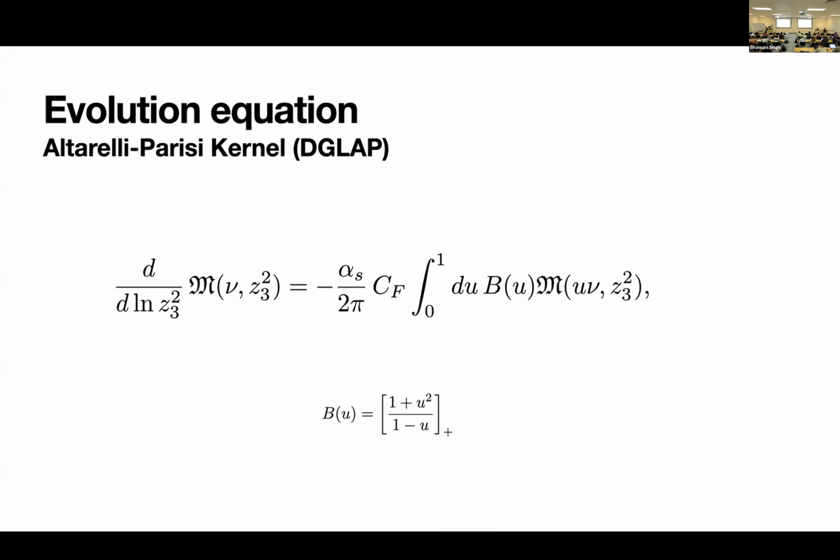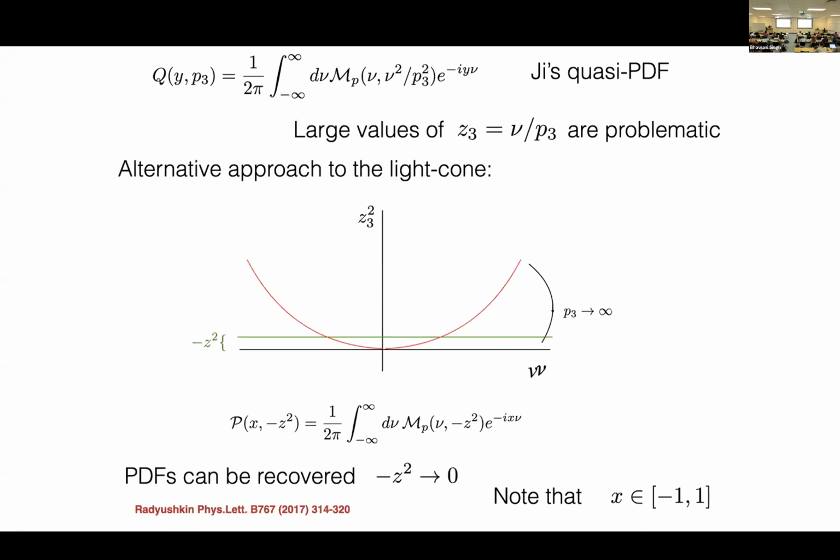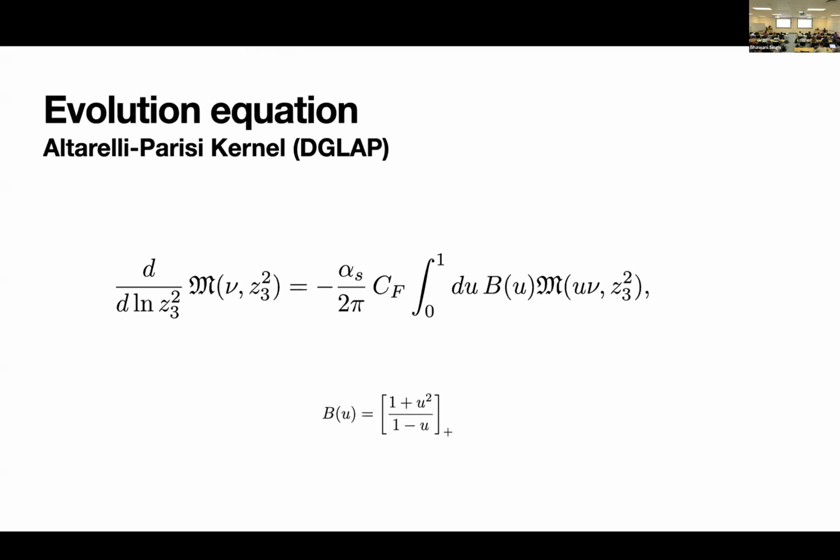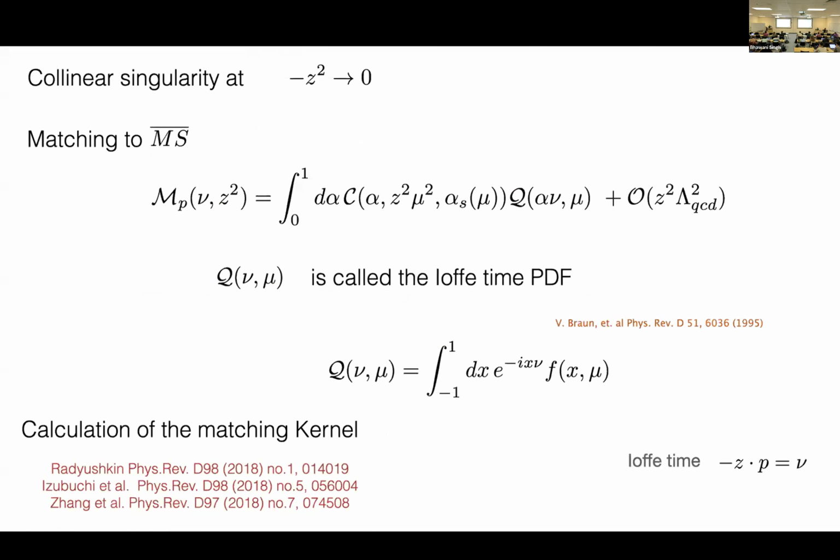There is a logarithmic dependence on Z square, which one can analytically determine, and it goes by a famous name, the DGLAP evolution, as it is called, which tells you what is the scale dependence of the PDFs that you want to obtain.